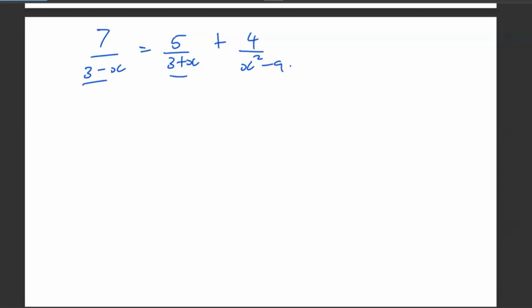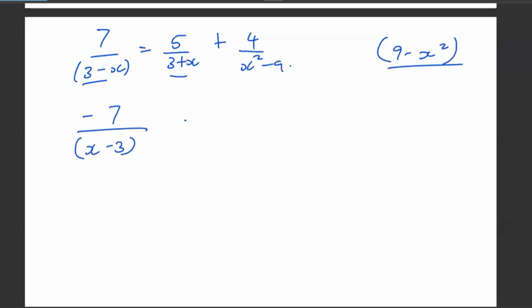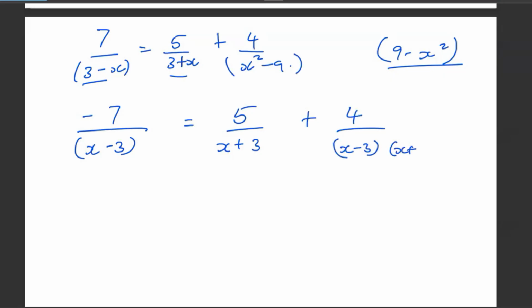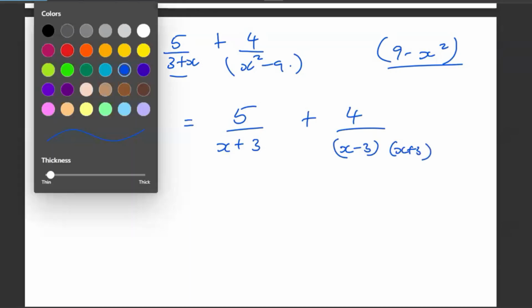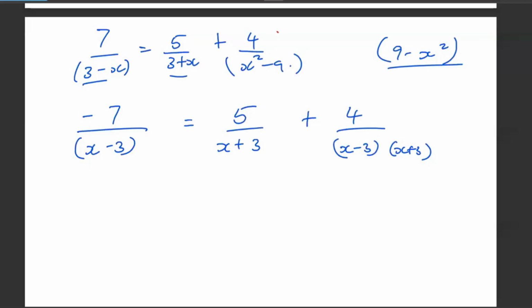We know that these are usual factors of a number that is 9 minus x squared, something like that, okay? So what I'm going to do first of all, I can introduce a negative sign here and then change this so that I have negative 7 over, this is going to be x minus 3 is equal to 5 over, I will change that, x plus 3, and then 4 over, let me factorize this, x minus 3, and then x plus 3. Then whenever I have fractions, aim at eliminating the denominators, okay?